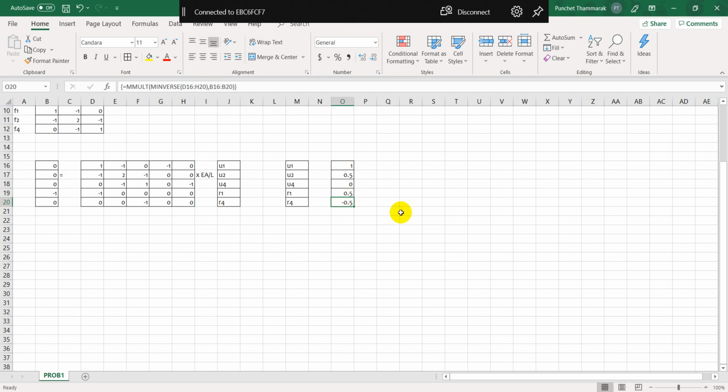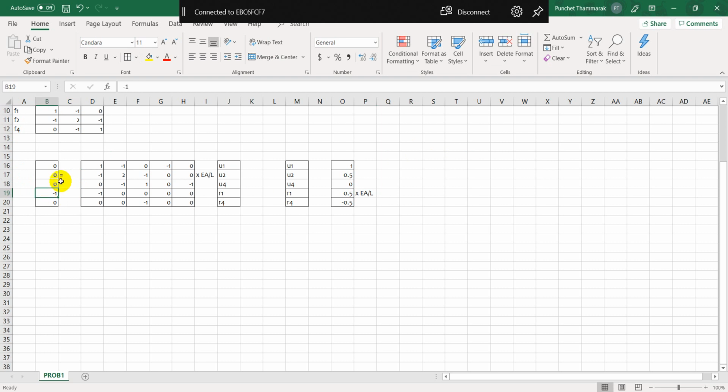Okay, and minus 0.5, minus 0.5 is coming back, right? 0.5 is coming in this way. So the unit is what? EA over L, right? Oh, just EA, or EA over L. Minus 1, let's check the unit a little bit.